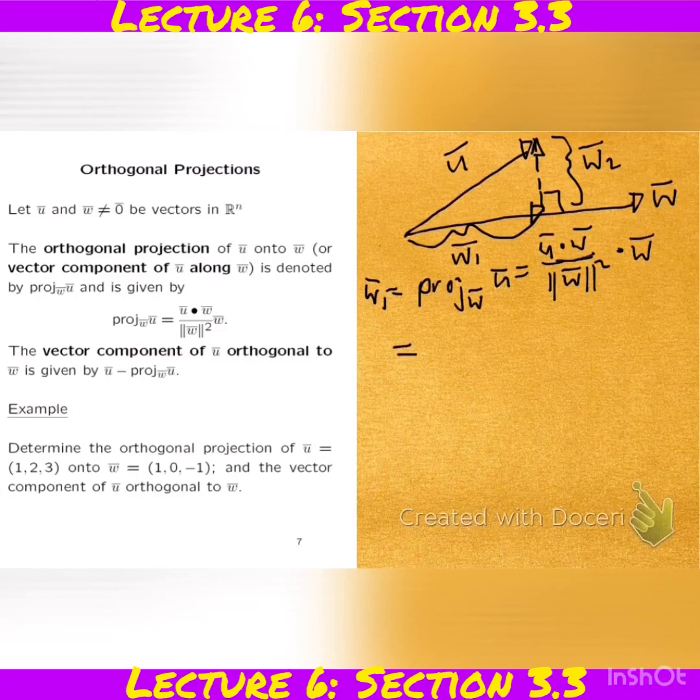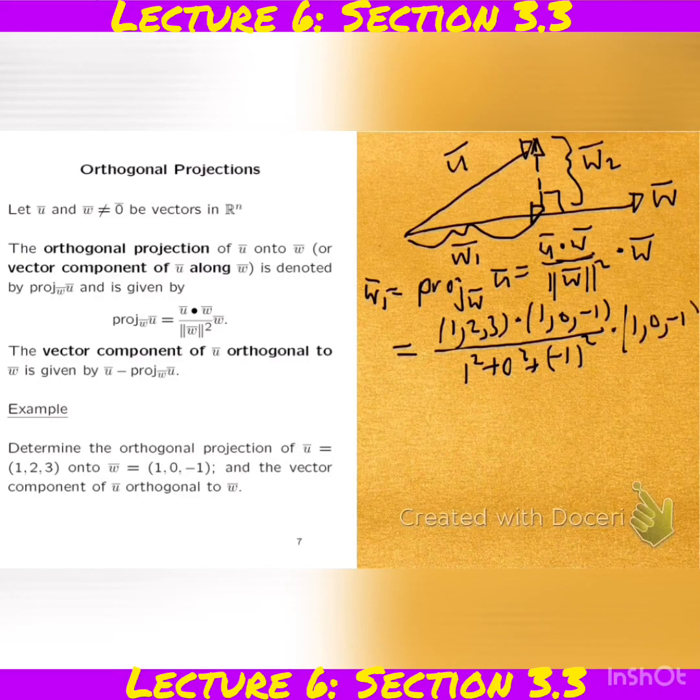So now doing that, that is the dot product of the vector U with the vector W, which is 1, 0, -1, and then you're going to divide that by the norm of W squared. Now the norm of W squared is 1 squared plus 0 squared plus -1 squared, multiplied by the vector W, which is 1, 0, -1.